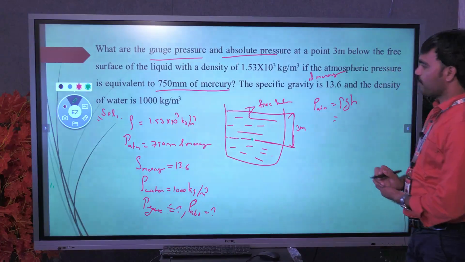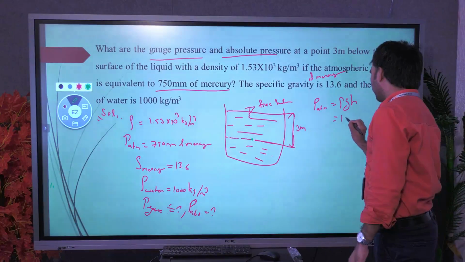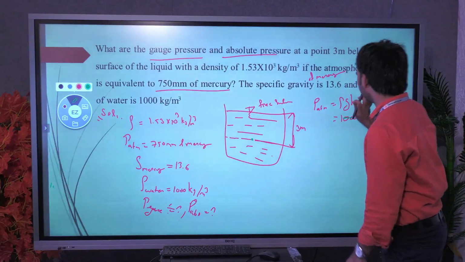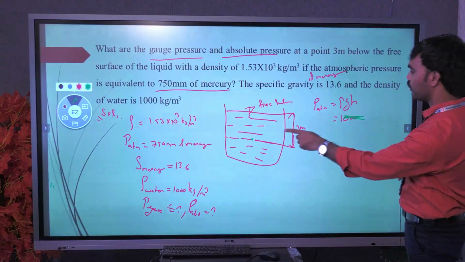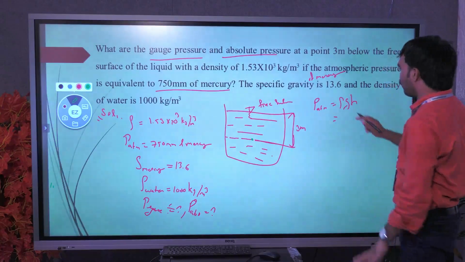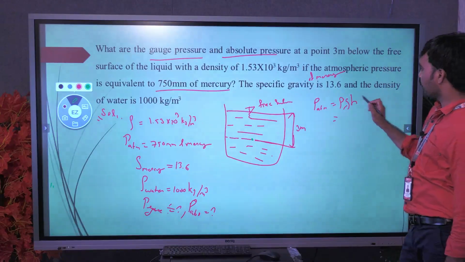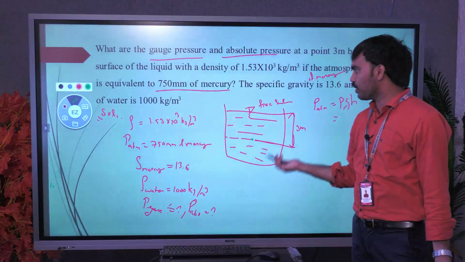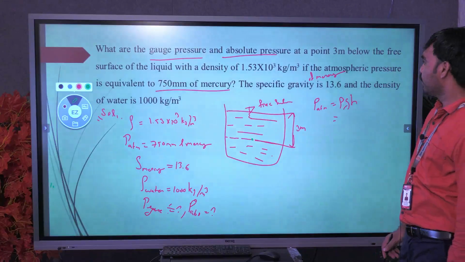What is the rho value here? So density of the water we will take 1000, oh sorry, mercury, right? What is the H value? H value is in terms of 750 mm of mercury. So the rho value we have to consider as the density of mercury. We don't know the density of the mercury, but in the problem it has given the specific gravity of the mercury.